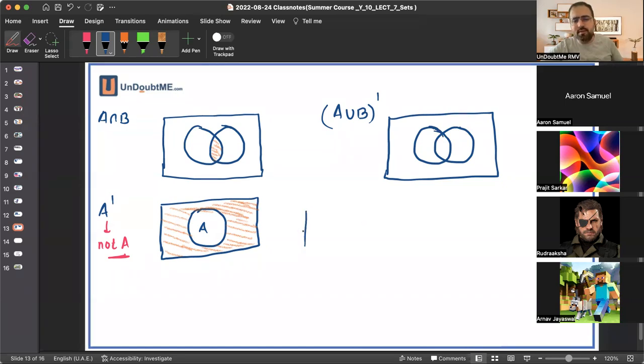You may also find something like this, where A and B are separate. This is also A union B if you shade them, but then A and B have nothing in common. Usually we don't take this, but this is also correct. This is not wrong. So coming back to A union B complement, which part will be shaded for this?